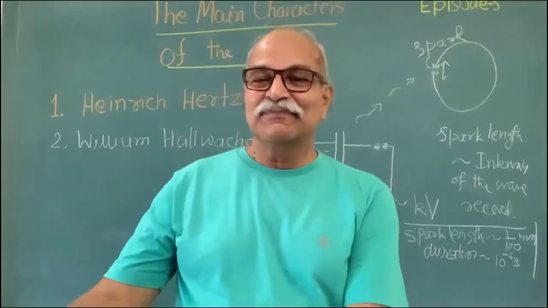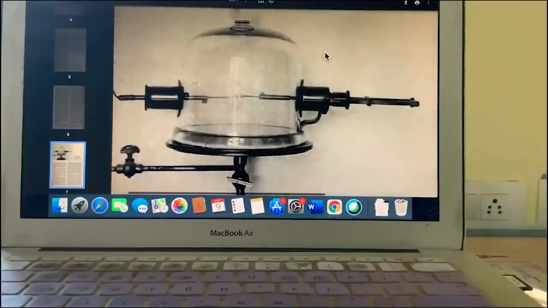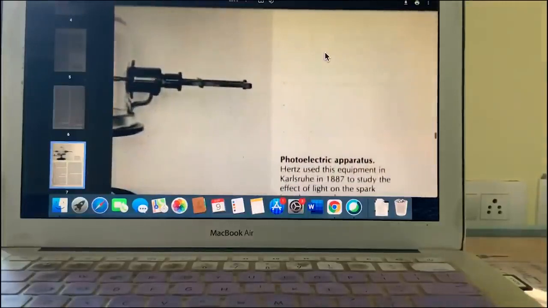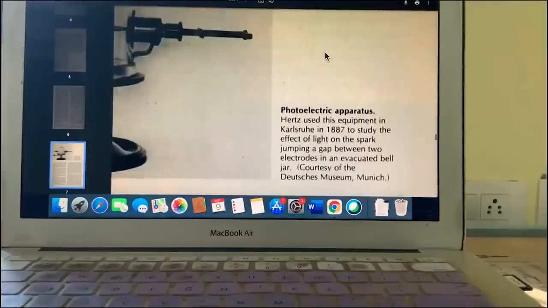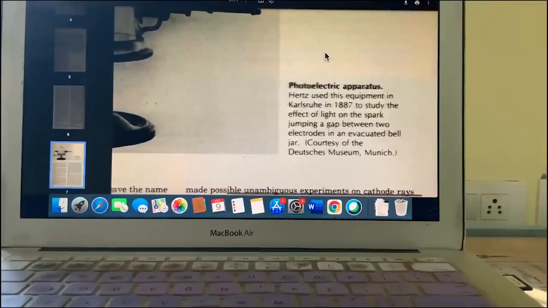Just see the apparatus. This is the original apparatus, and the article says that Hertz used this equipment in Karlsruhe in 1887 to study the effect of light on the spark jumping a gap between two electrodes in an evacuated bell jar. This is in the Deutsches Museum, Munich.